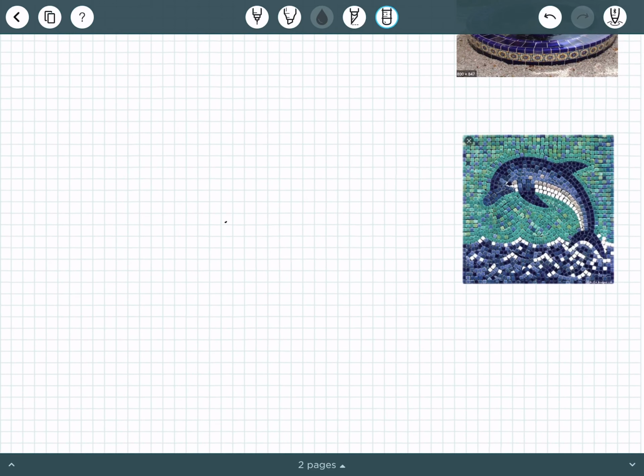It's not going to be purely easy, but you're going to have to figure out the area covered by the dolphin, maybe the area covered by the sea, the area covered by the background, which is supposed to be the sky, which is a light green.